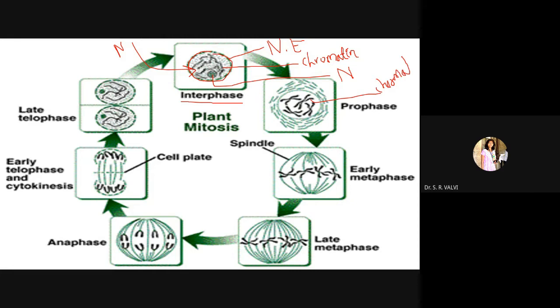As I'm giving these names with the help of the mouse, the handwriting is not that proper, please consider it. And in the center, this is the centromere, right? The arms of the chromosome are nothing but chromatids, and the centrally placed portion is called the centromere, right?